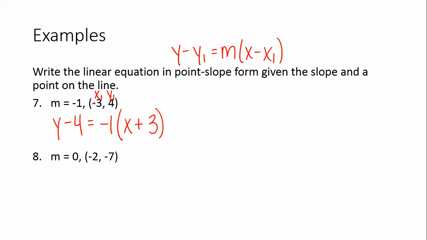Remember, it's x minus a -3, and minus a negative means addition. Hopefully you got that one right, and if you didn't, you can see where you went wrong. On number 8, we have x1, y1. So we have y plus 7 equals 0 for slope times x plus 2. Both of these coordinates are negative, so in both cases we're subtracting a negative, which is why it becomes positive.